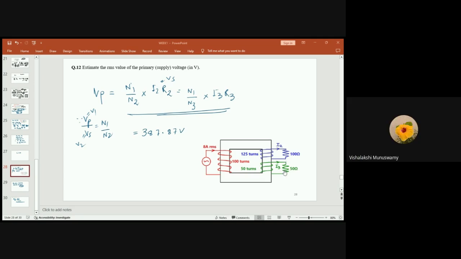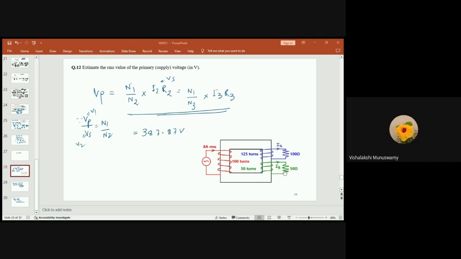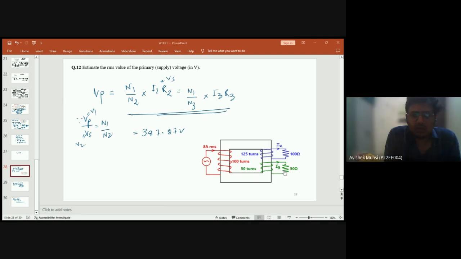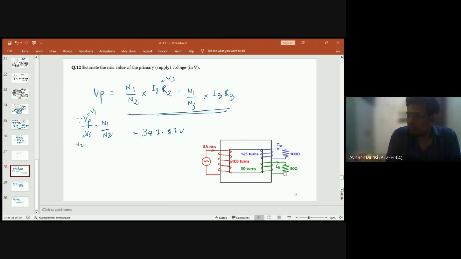Sir, excuse me, sir. Yes. So 12th question, V1 by V2 will be equal to N1 by N2, sir. Yeah, definitely. So you are calculating V1. So how come this answer 387.87, sir? Is it not coming? You calculate it in the calculator.